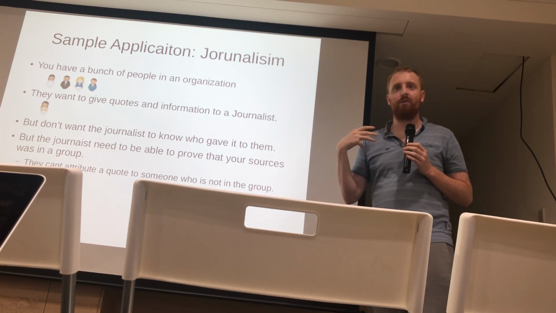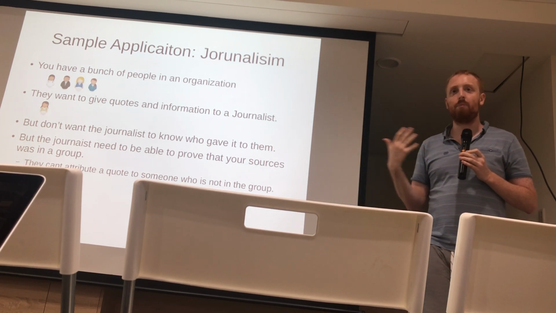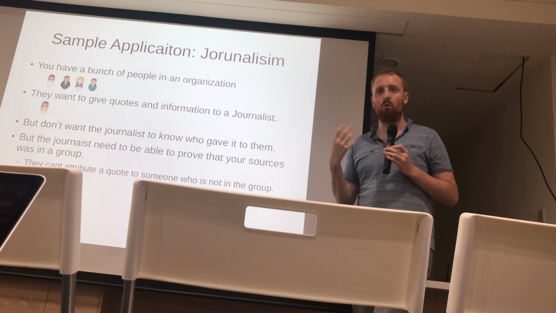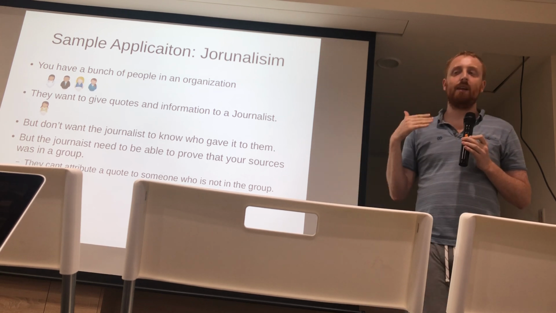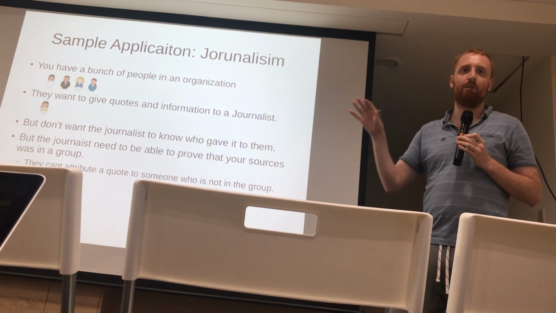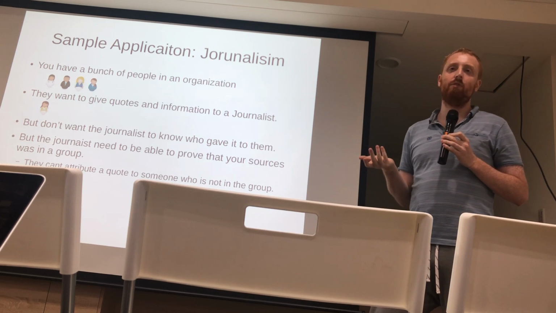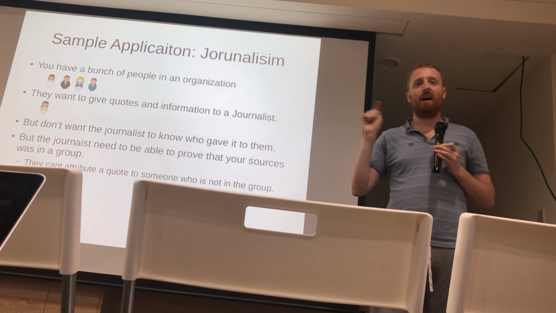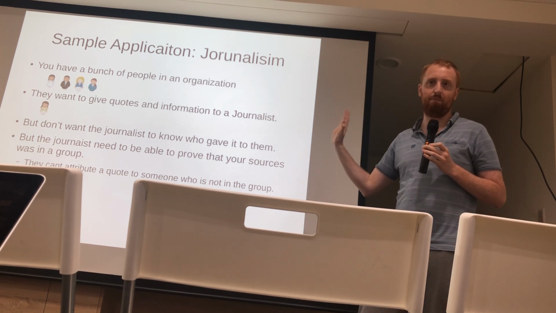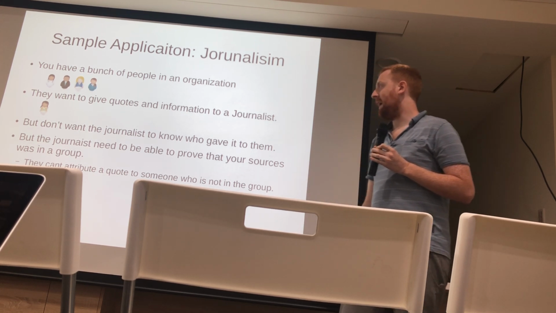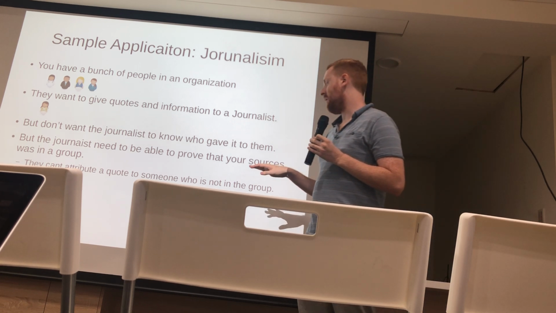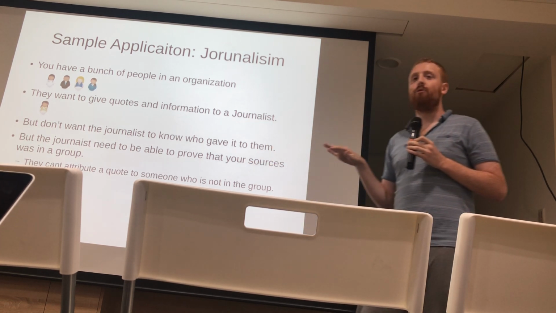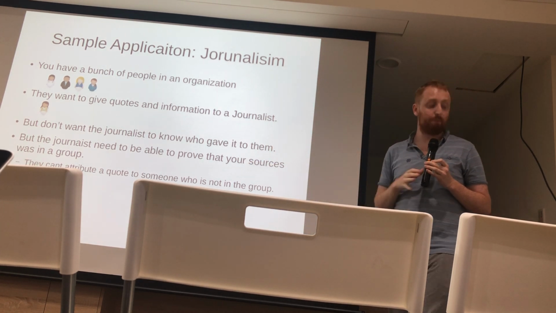But the journalist, in order to be able to publish the information, needs to be sure that the information is valid, that it came from certain people. For example, when you read articles, they'll often quote a source as a high-ranking person in some organization. So they need to be able to attribute their quotes to someone in a certain group.